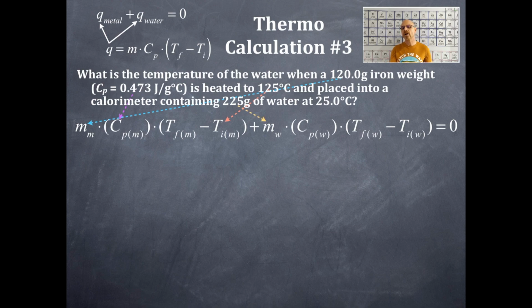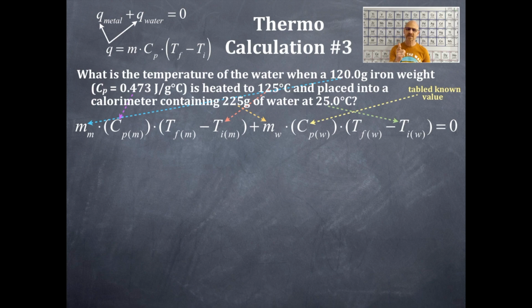The mass of the water is 225 grams. The specific heat capacity is a tabled value, and you should actually have this one memorized. It's 4.184 joules per gram degree Celsius. It's the same value used for the conversion between joules and calories. And then the initial temperature of the water is 25.0 degrees Celsius.